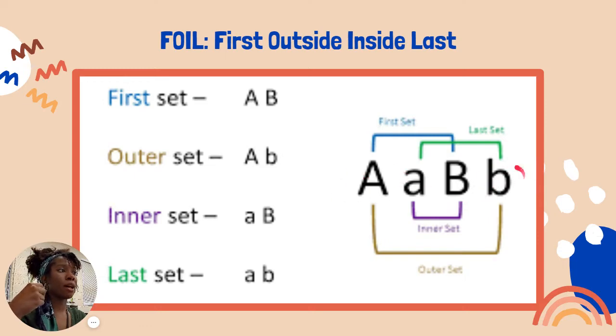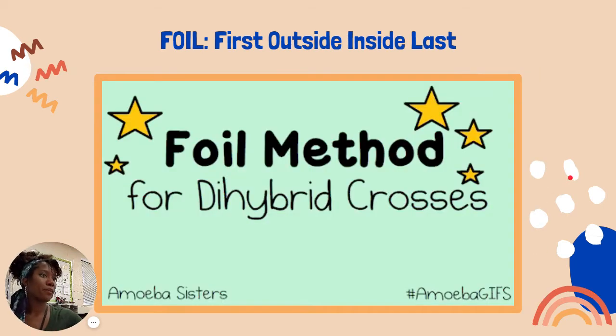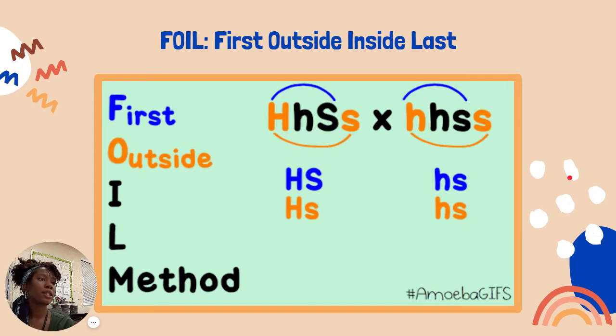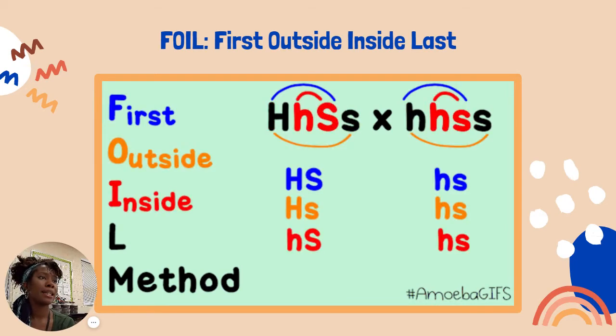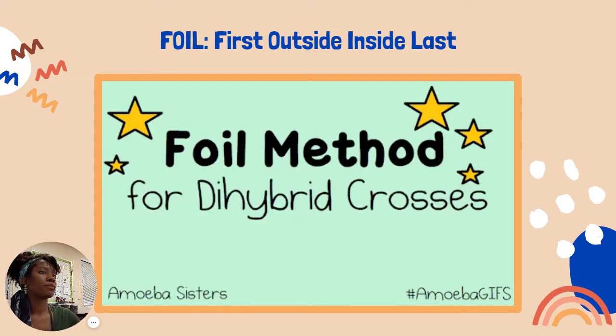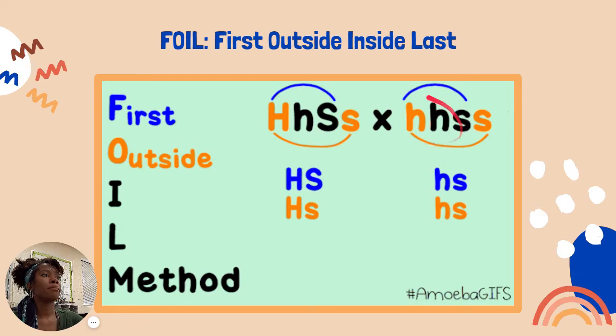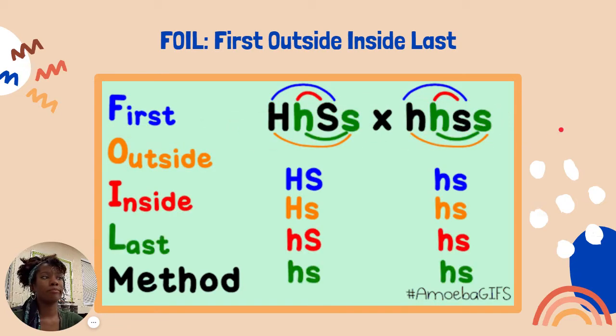You notice how they're outside. We have the inner set, the inside ones, and then we have what's last. This is another little animated GIF: first, outside, inside, last. They're showing this is dad and that is mom, all together.